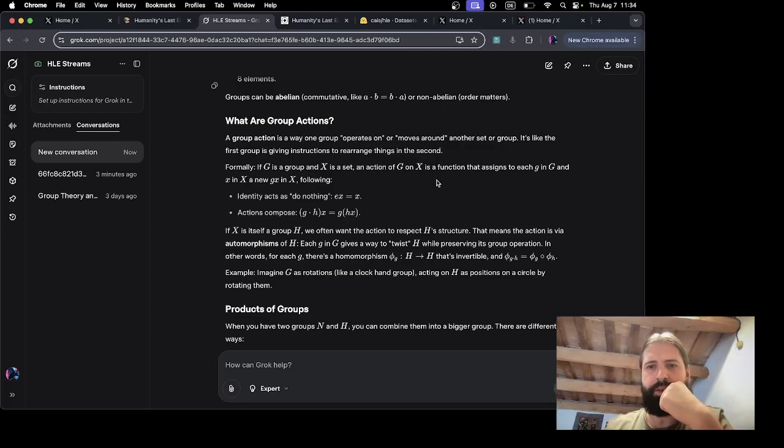An action of G on X is a function that assigns to each g in G an x in X. It's a mapping, basically. It's a function. So g·x is in X, following rules. So actions compose. Okay, so the identity acts as do nothing.